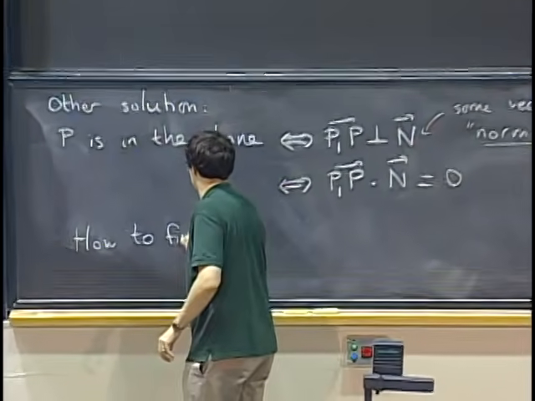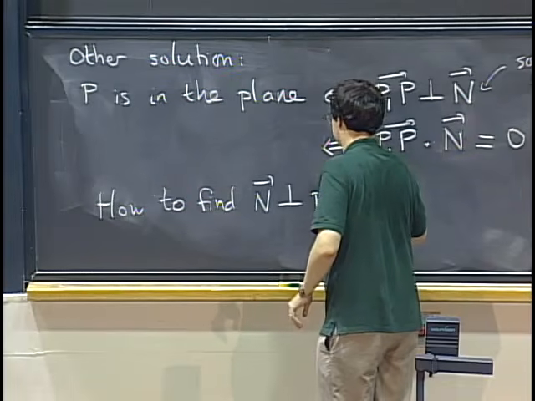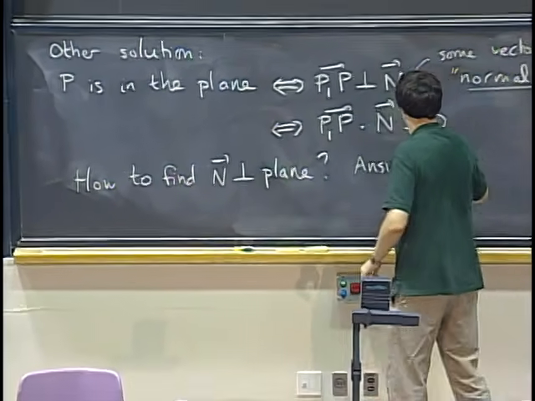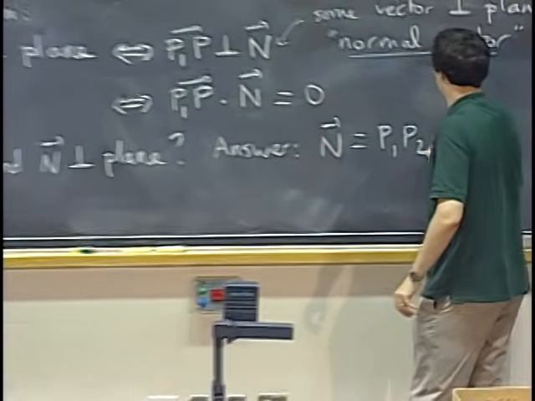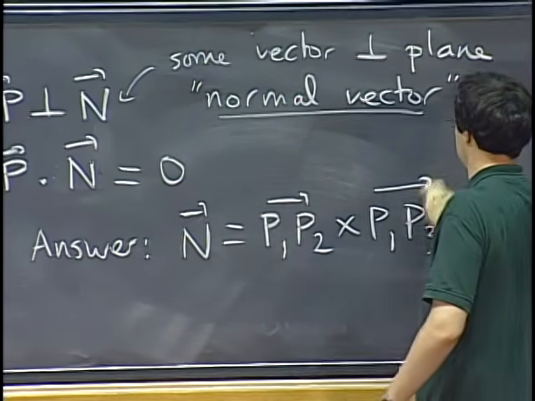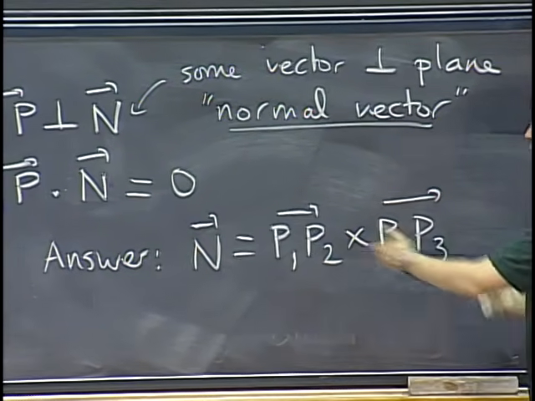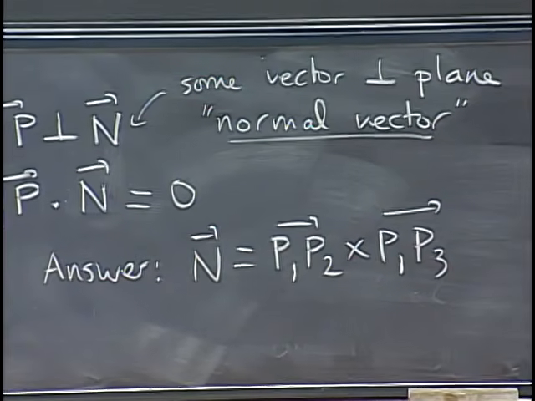How do we find this vector that's perpendicular to the plane? The answer is we can just take the cross product P1P2 cross P1P3. Say that you took the points in a different order, P1P3 cross P1P2. You would get, of course, the opposite vector.